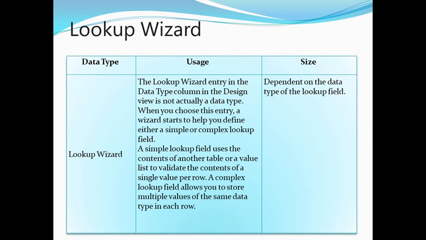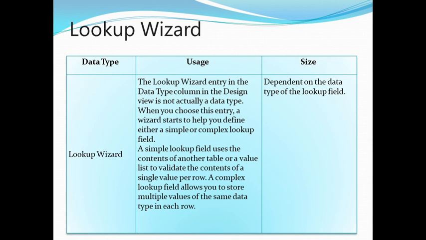At a time, only one item from the list can be selected. So you can do this with the help of the lookup wizard data type. I'll show you how to do that. Just understand what the use of lookup wizard is. There is one data type called lookup wizard which we can use to provide a list to the user.